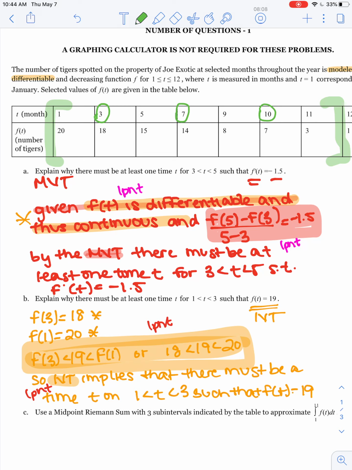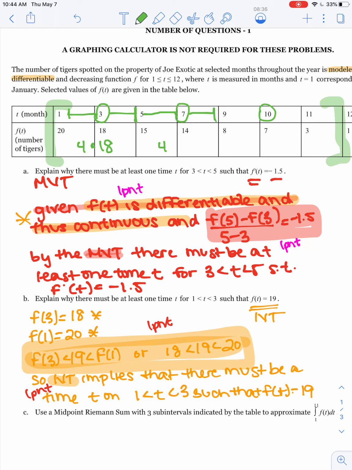Okay, notice that the width of this rectangle that we would be calculating the area of is 4. The height that we would be using would be the output at f of 3, which is 18. The width of this rectangle, with a height of f of 7, would be 4 again, right?